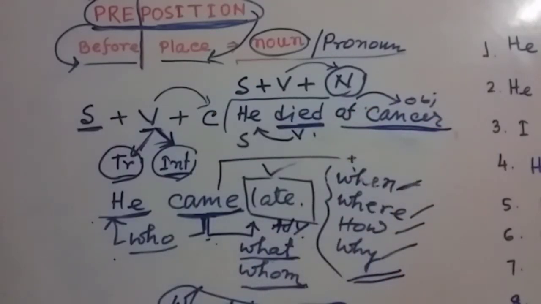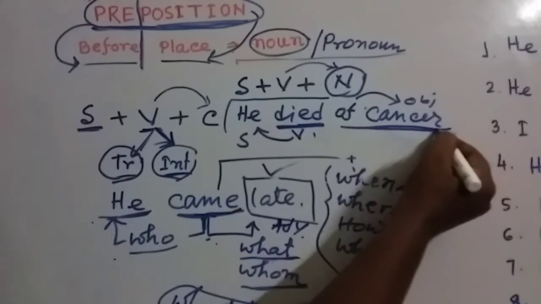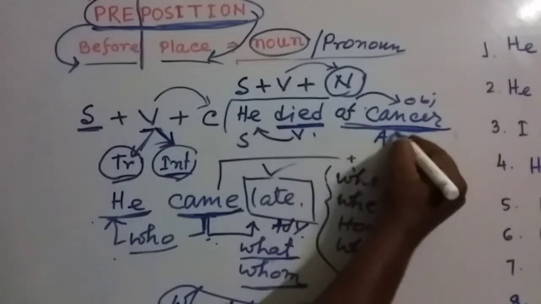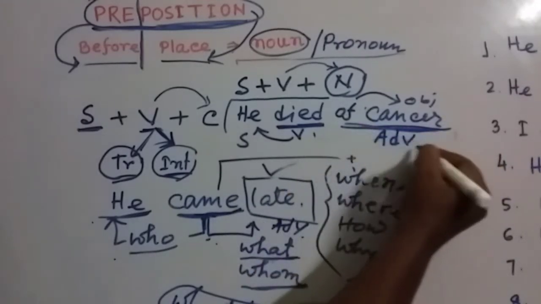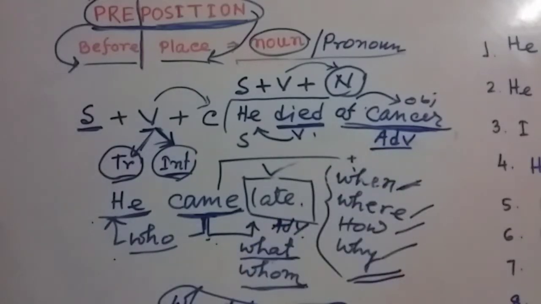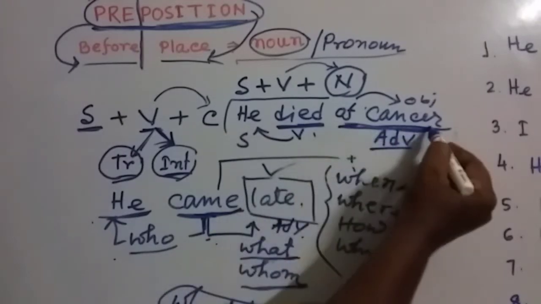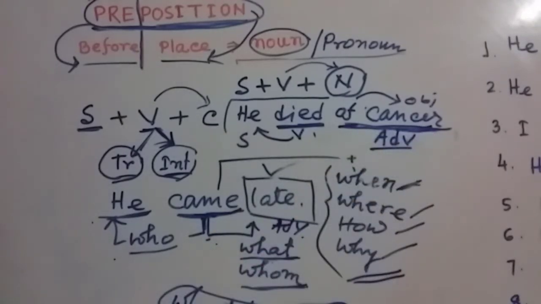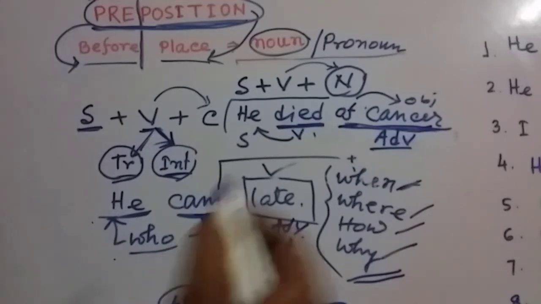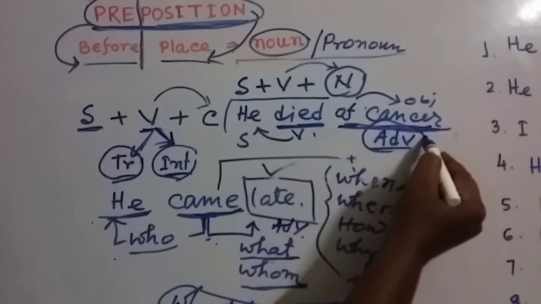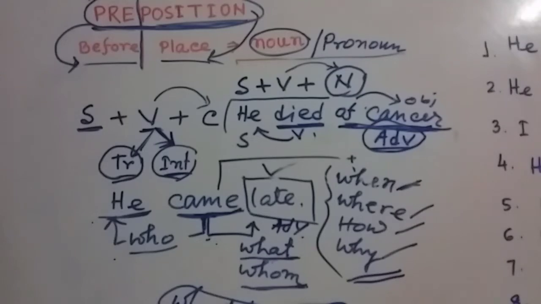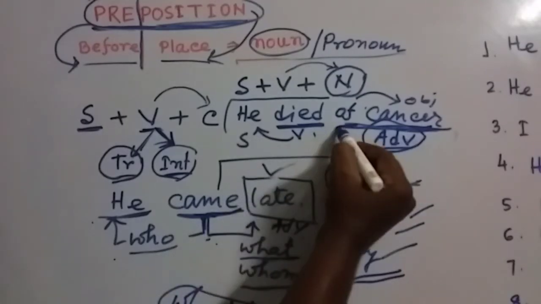My dear friends, the preposition makes the prepositional phrase an adverb. This is the main thing. The prepositional phrase, or you can say a preposition with a noun, just converts into another part of speech, that is adverb.